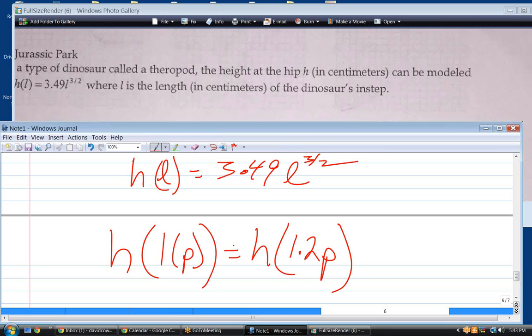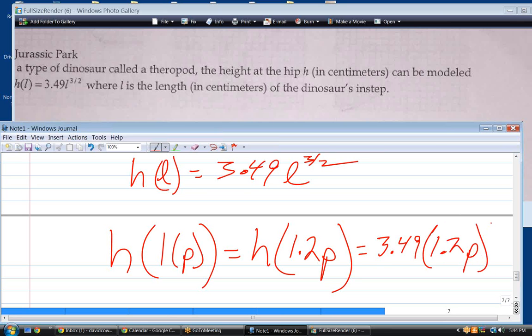Okay, so then you would just plug in what's inside the parentheses, 1.2P. So then you multiply that with 3.49. Plug it into what? You plug it in for L. Okay, so tell me what to write. So you do 3.49, parentheses 1.2P, to the 3/2. All right, now you got it. That is what H of L of P is equal to.